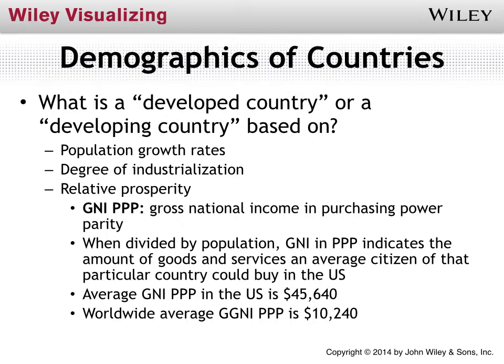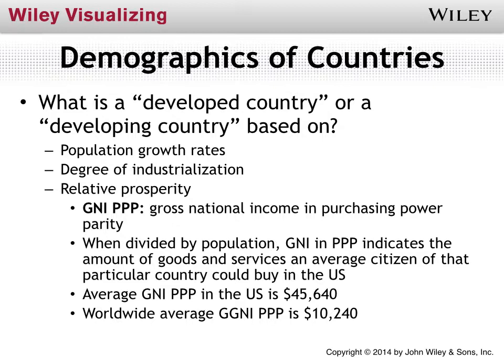When this number is divided by the actual number of people in a given country, it basically indicates the amount of goods and services that the average person of that country could buy in the U.S. So the average in the U.S. is about $45,640, and we're a developed country.